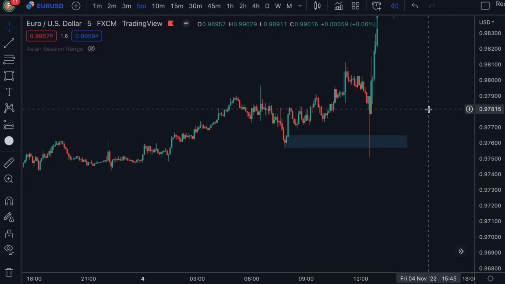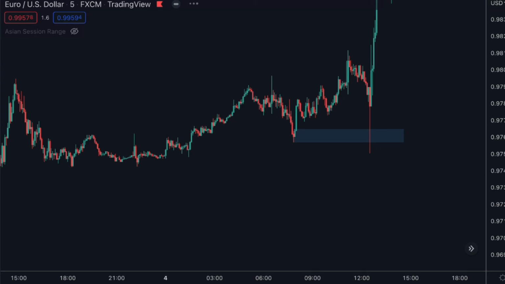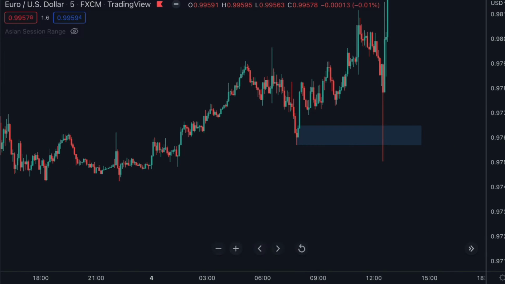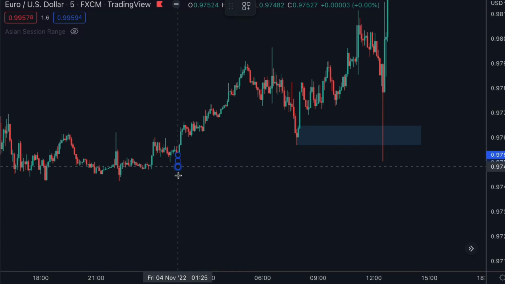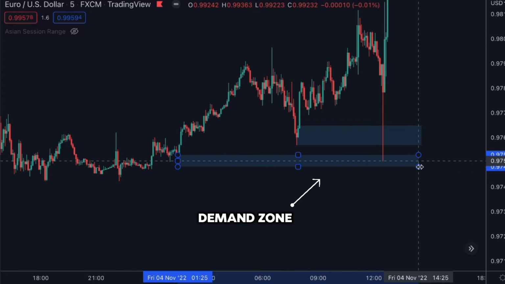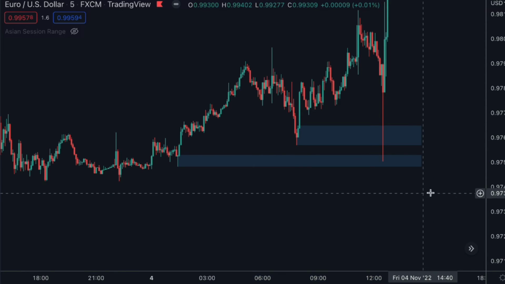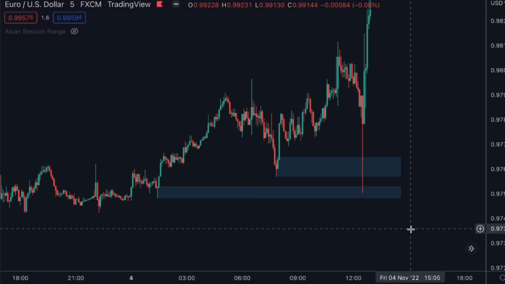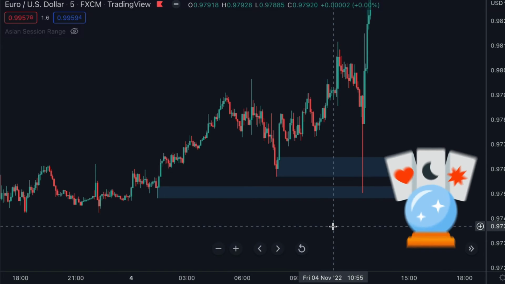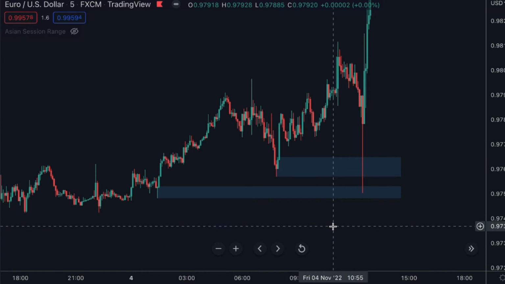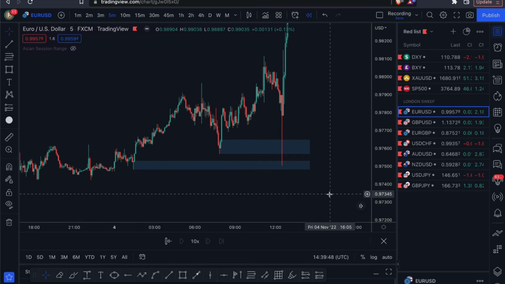And so essentially, when you are taking a trade like this on Euro USD, you would be looking for other demand zones below, and we can see we have a very nice clear one just below. And so what I'm trying to get at here is we can use the alignment with DXY to predict which zone is going to be valid and which zone isn't going to be valid.